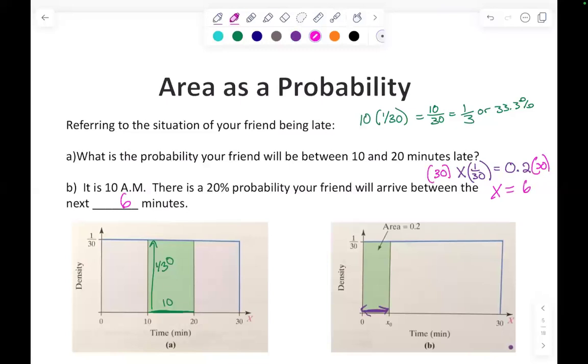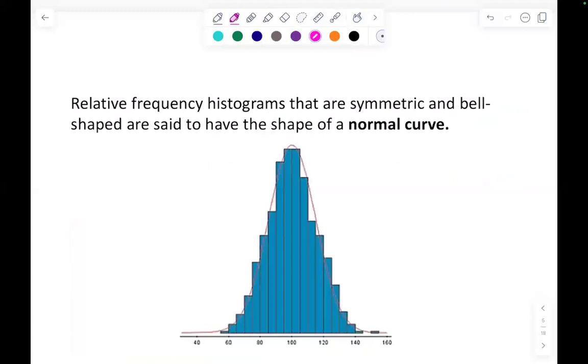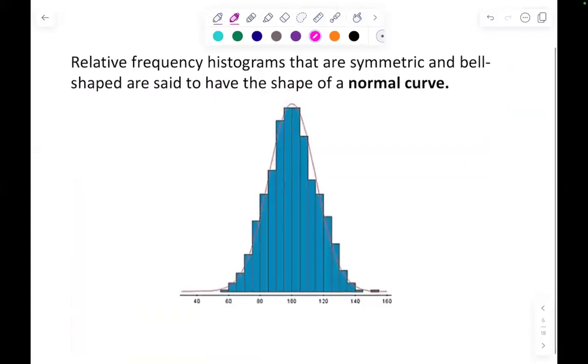All right, let's move on. When we're talking about a bell-shaped curve or symmetric curve, it's also called a normal curve. We've been calling it bell-shaped or symmetric until now. It's also called a normal curve, and we're going to be pretty much calling it a normal curve from here on out.